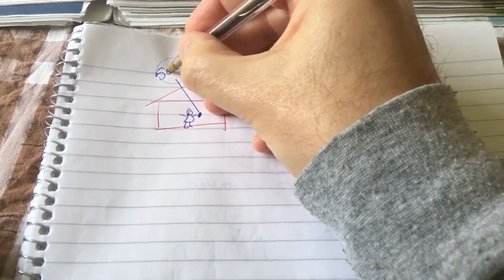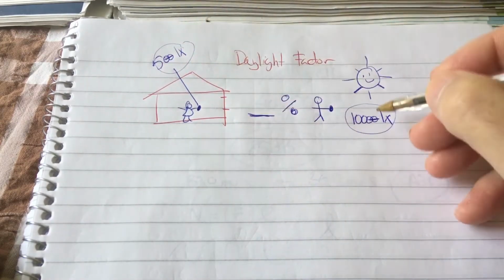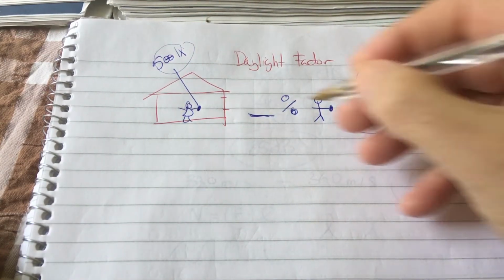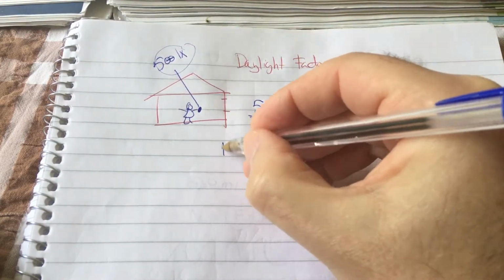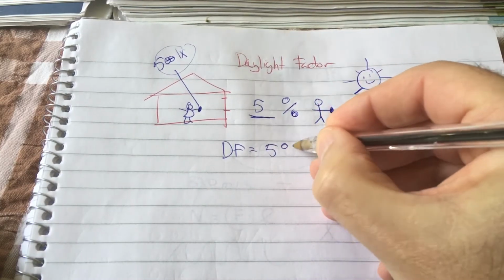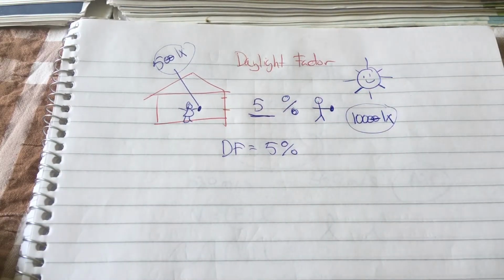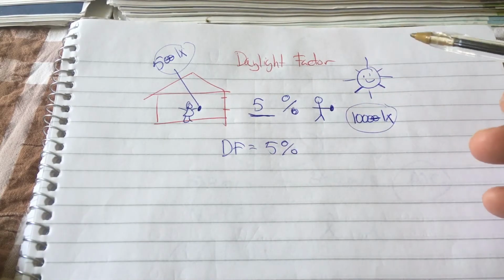I'm going to take these two zeros out of here, and these two zeros out of here, and we got 5, and we got 100. That is the 5%. Yeah. So the daylight factor of this house is equal to 5%. Very good. Excellent. But this is for me to make you understand in a simple way what's going on here and what the daylight factor is.